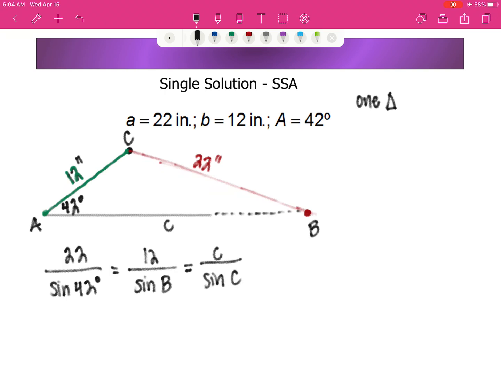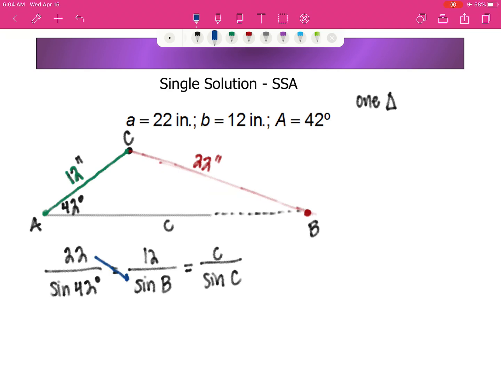This is the first time this has happened. I'm getting a ratio where I don't know anything in the numerator and I don't have any value for the denominator. That means I'm going to have to use some information from when I solve for angle B to bring into that fraction. So I'll show you what I mean.